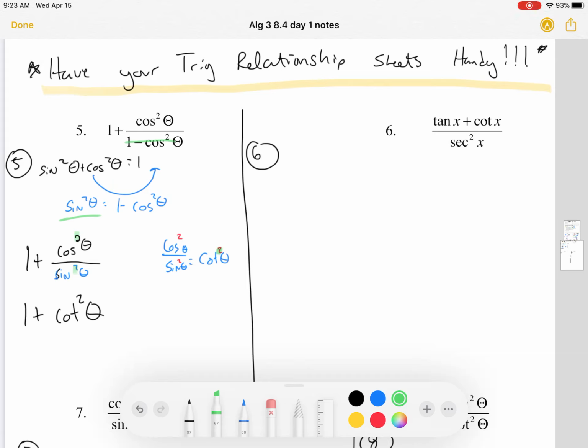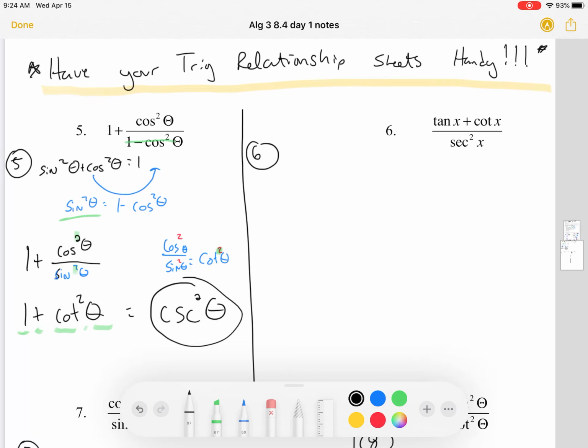If you look into the Pythagorean relationships, the third one, it says 1 plus cotangent squared theta equals cosecant squared theta. That's it for the first one. The first one reduces down to cosecant squared of theta.